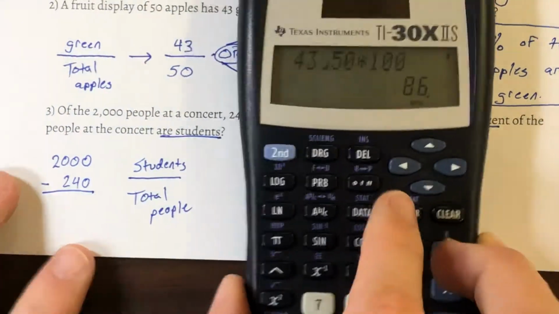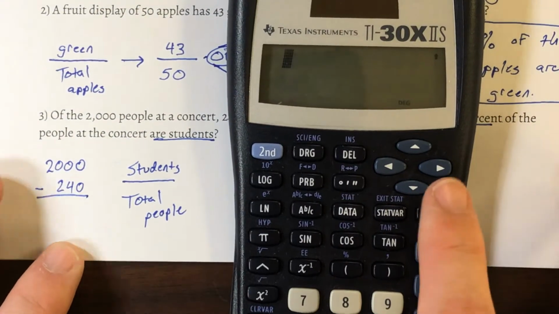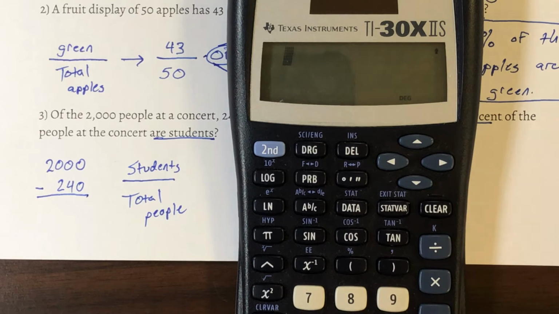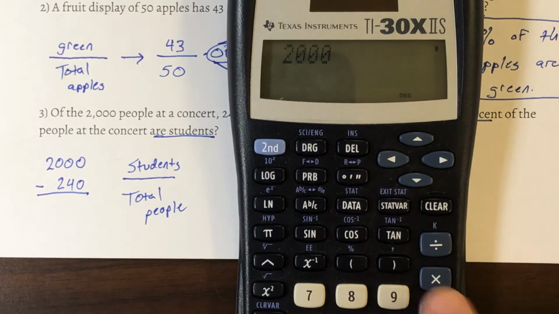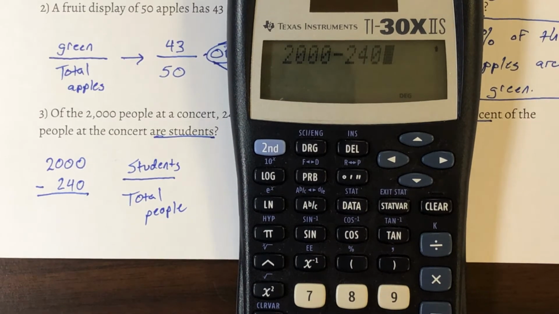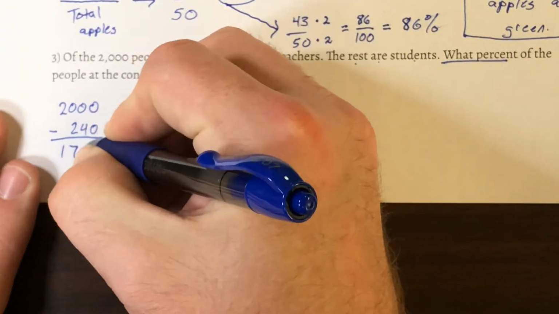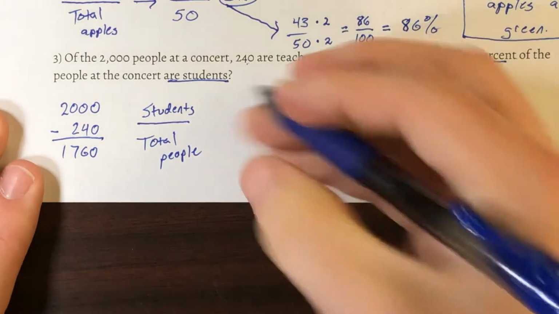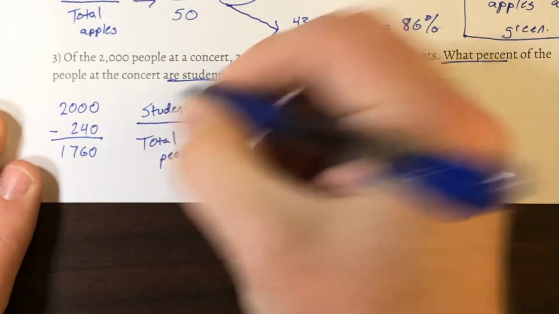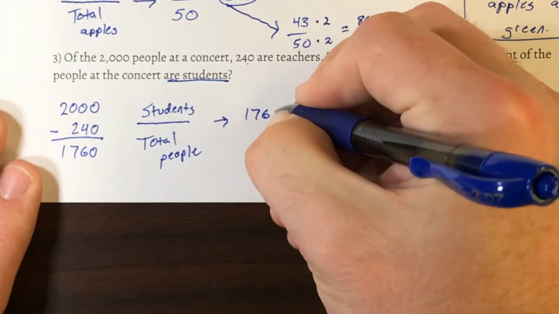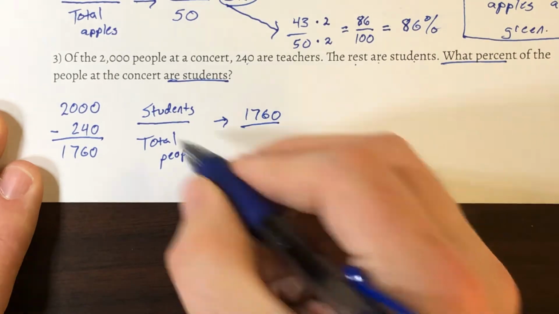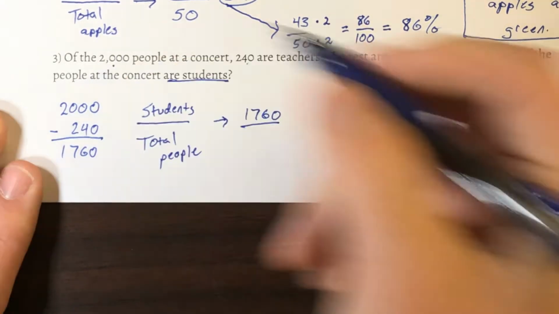So I could do this in my head, but I just have a calculator, so it's just fun to use. So 2,000, we're going to subtract 240, and we get 1,760. So let's fill in our fraction. Students, there are 1,760 students. What's the total number of people? 2,000.